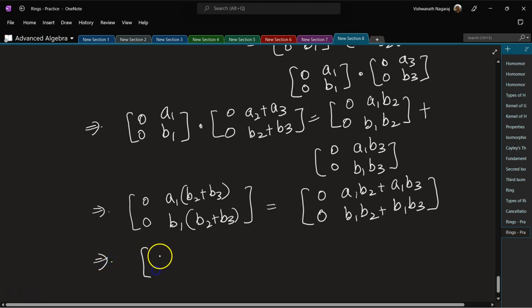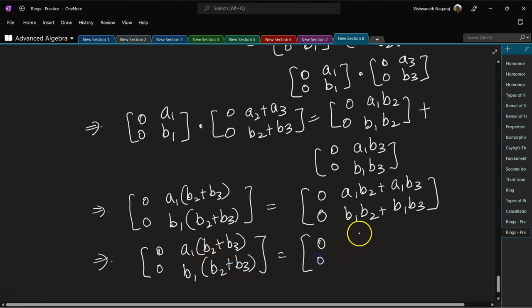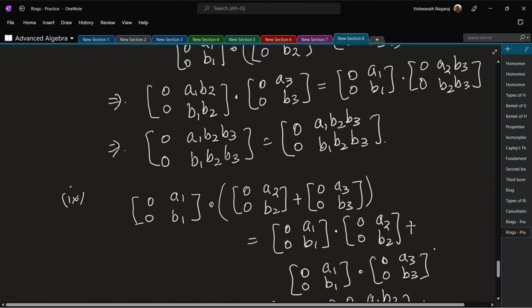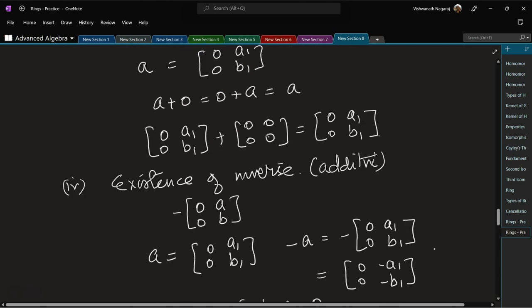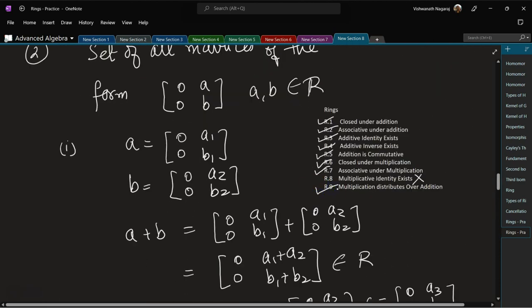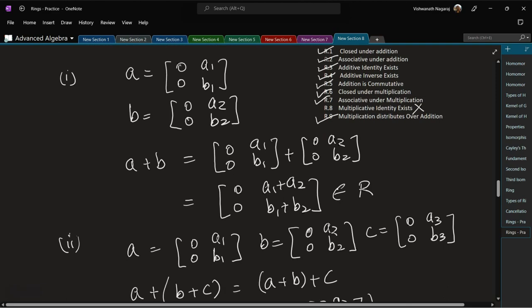We can just write this down as A1 times (B2 plus B3) and B1 times (B2 plus B3), where A1 is common and B1 is common. So both sides are equal, which means that multiplication distributes over addition.